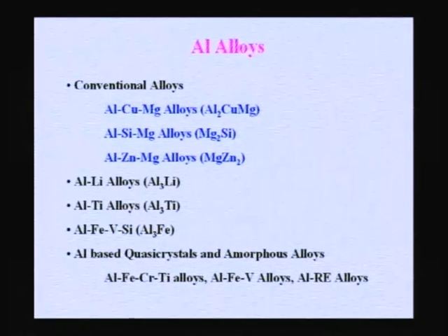This is what people usually call the Ostwald step rule, that when you have a product phase which is an equilibrium phase, which has a structure which is much different from that of the parent phase, it will have a lot of activation barrier.